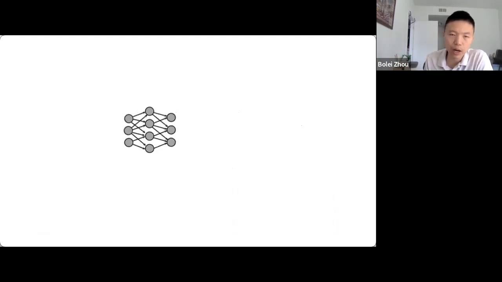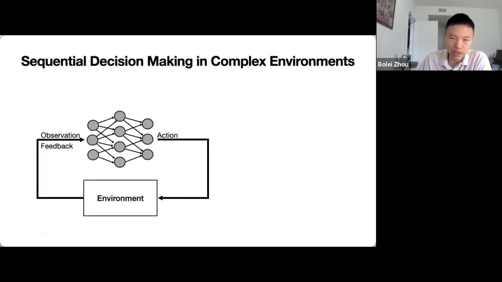If we link this pipeline with the environment, the whole framework becomes more like sequential decision making. It's more like a framework of reinforcement learning, right? This agent, parameterized by some neural network, receives observation and feedback from the environment. Then it outputs the action, which is fed into the environment, and the process proceeds.